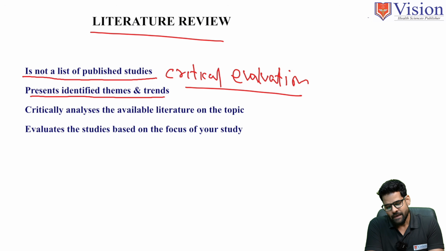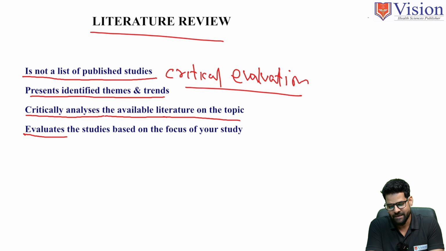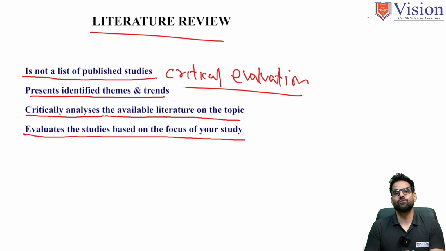It critically analyzes the available literature on a topic and evaluates the studies based on the focus of your research. So you evaluate previously done studies in the light of the research which you are planning or conducting as of now.